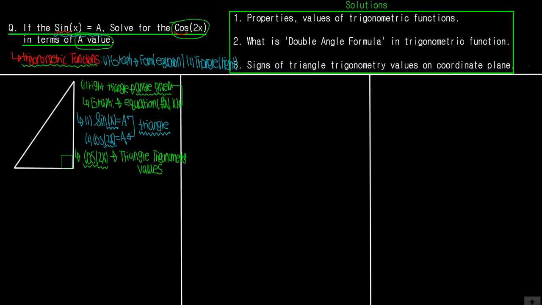Firstly, if you want to apply our triangle trigonometry values, what is the first thing that we need? We are going to need a triangle, but specifically a right triangle. So let's simply get our right triangle from our graph and label every single side and angle we possibly can.